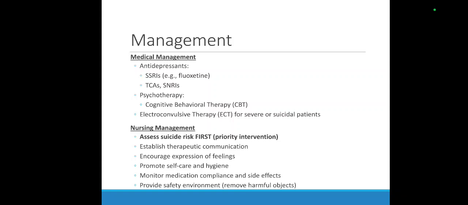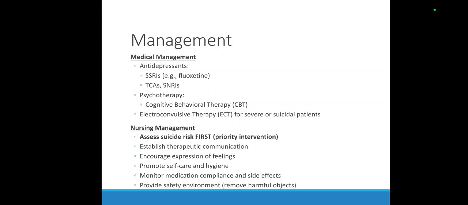So nursing management may include assessing suicide risk first. That is the priority intervention. Again, you have to assess if there is suicidal ideation for those persons who experience major depressive disorder.